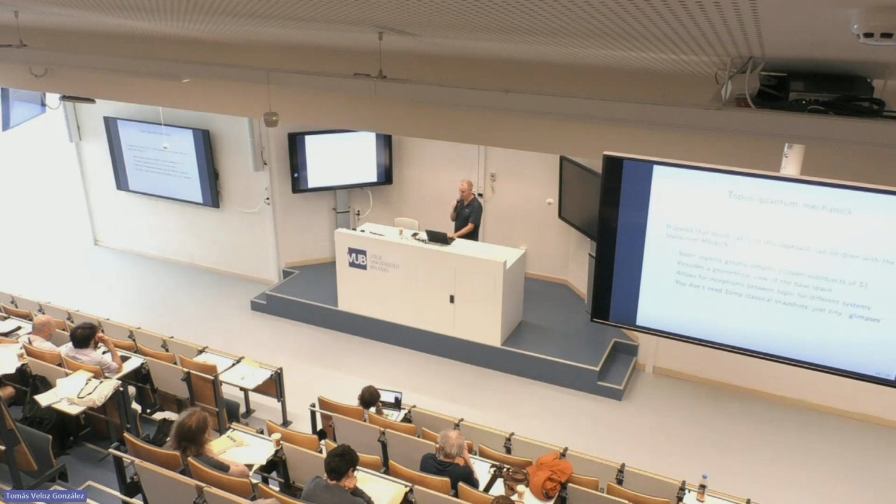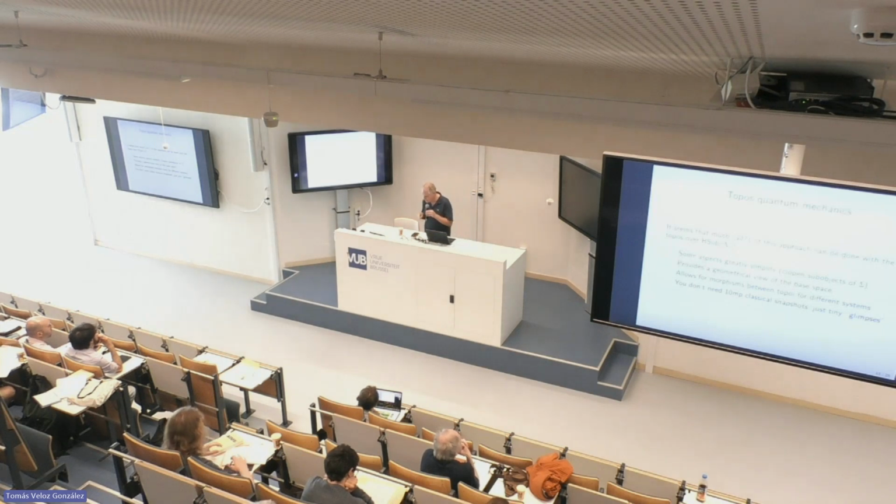And a little catchy phrase is: instead of using 10 megapixel classical snapshots, which is fitting because Andreas Döring is a photographer, you can get by with just little glimpses, so little tiny Boolean subalgebras.